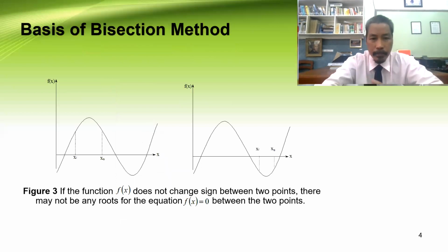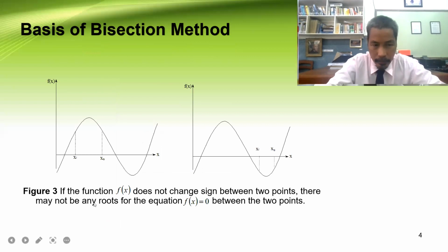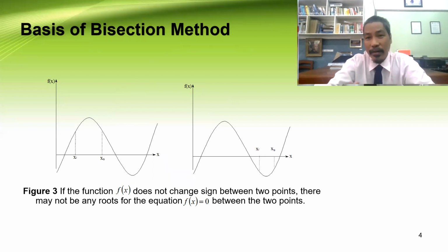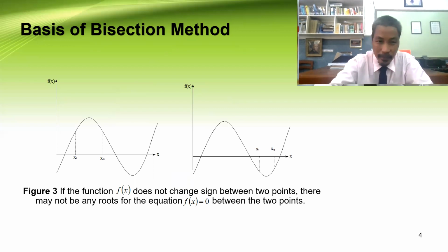So let us consider again figure number 3. If the function does not change sign between 2 points, there can be roots and there may not be any roots at all. So there are two possibilities.